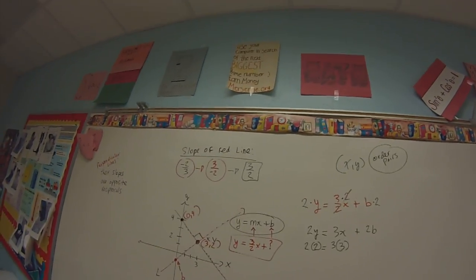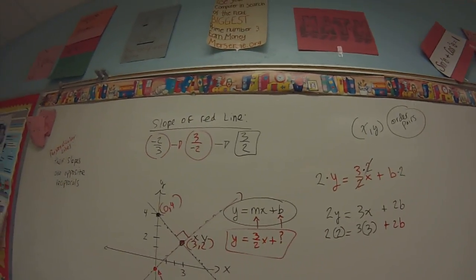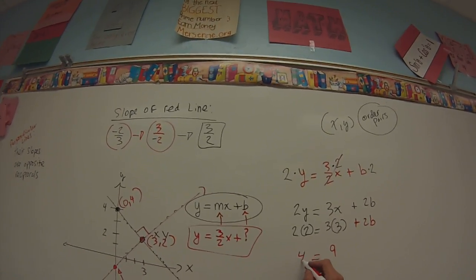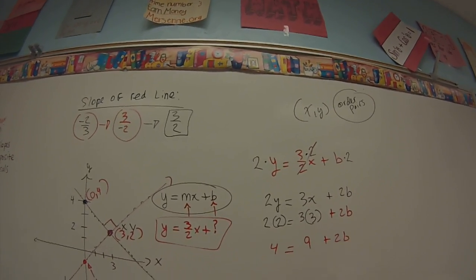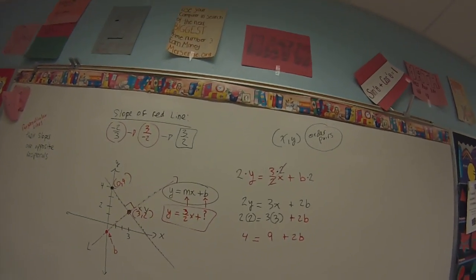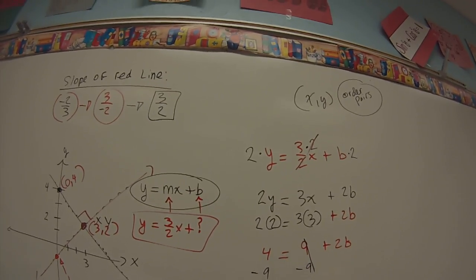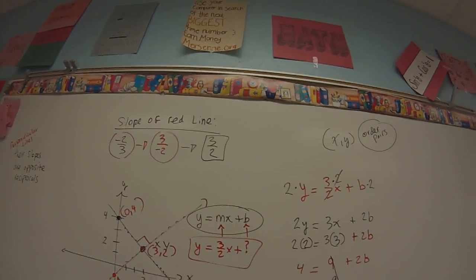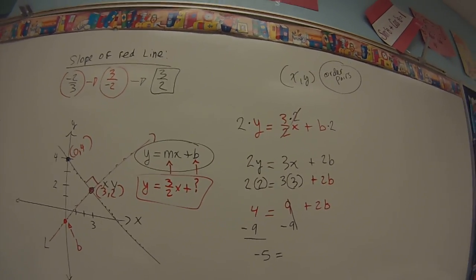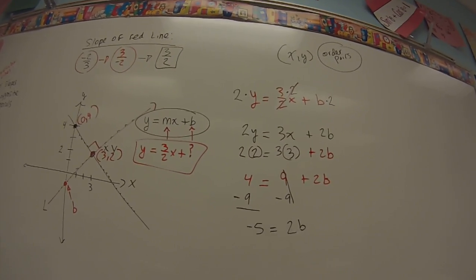Okay? So we'll solve for b now, okay? So 3 times 3, that's 9, and 2 times 2 is 4. And this is a middle school equation now. So take away 9 from both sides. Cancels out. And that's going to give me 4 minus 9, which is negative 5. Okay, negative 5, that's equal to 2b.